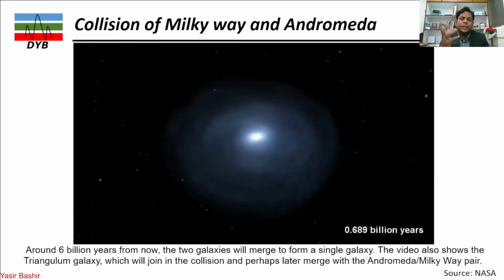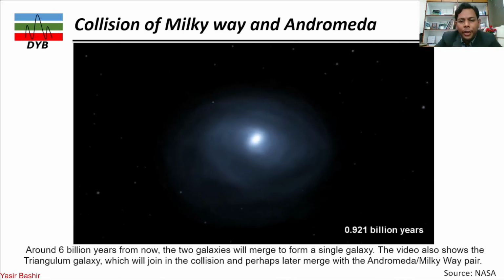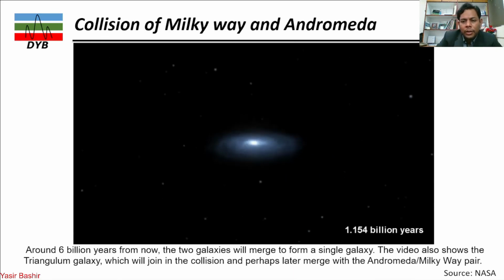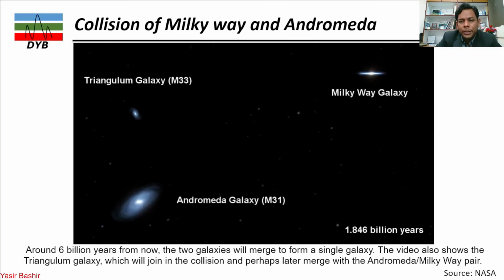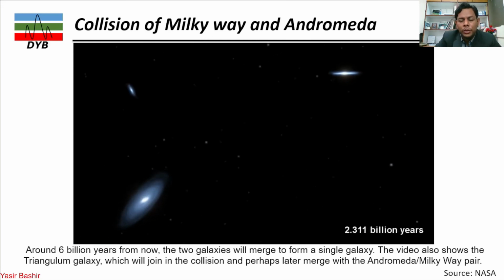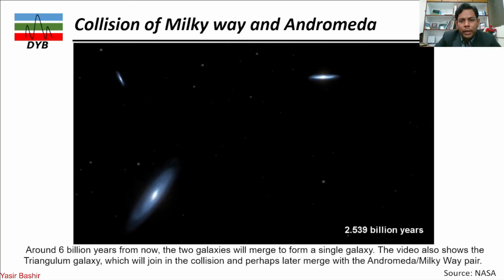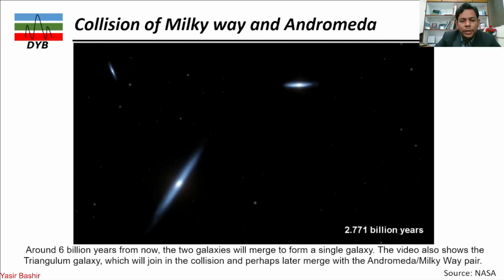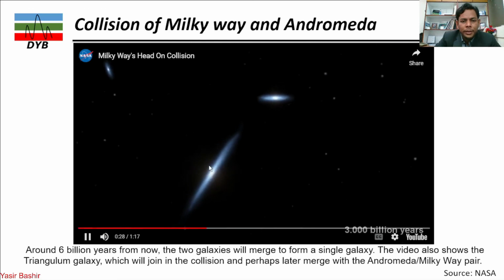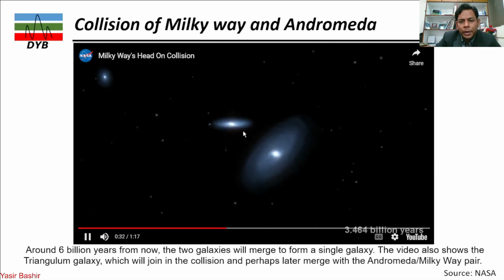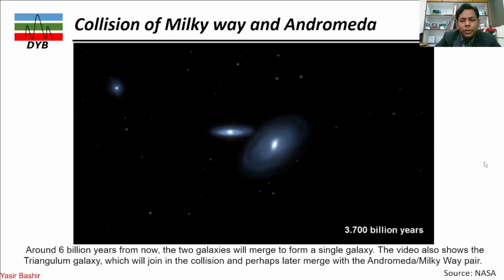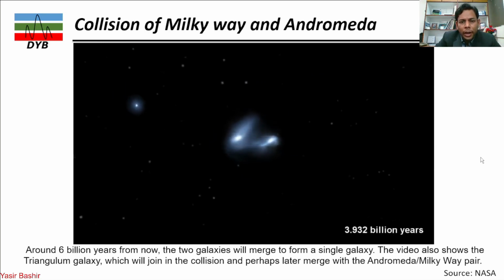You can see it keeps moving, and on the lower side you can see the time, which shows 1.6 billion years, a future time actually. From now you can see Andromeda coming near, or these two are coming near to each other, and in 4 billion years they will collide with each other.